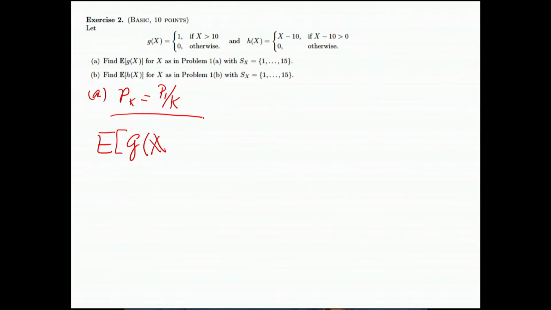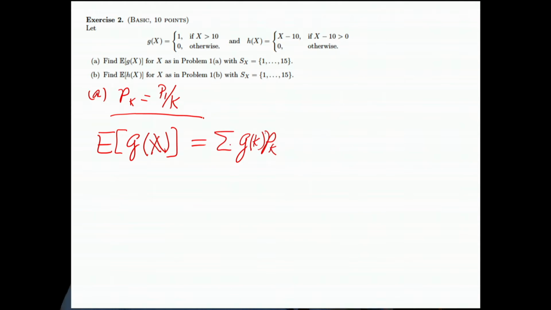If I have the expectation of g(x), the expectation considers all the possible outcomes. The possible outcome is g(k) with their PMF times p_k.